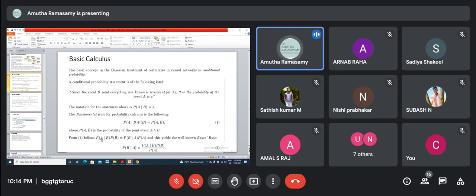Either you know the probability of B and then analyze, or you know the probability of A and analyze P of B. Both are talking about the joint probability of A and B only. If you take this equation, knowing the probability of B, you have the probability of A, then you can understand the other condition. You can simply replace it. You understand the logic, students?